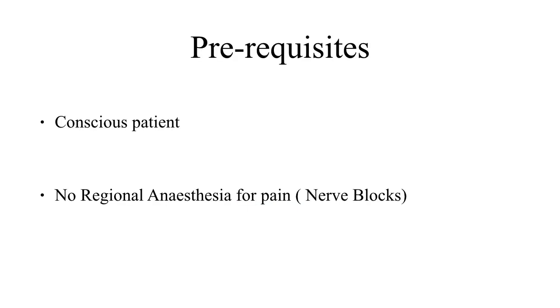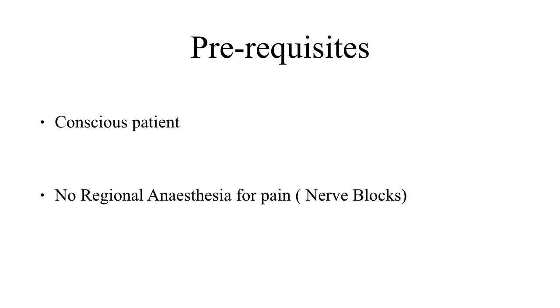The prerequisites to understand and to identify the clinical features that I have mentioned earlier is you need a conscious patient to say that he's having excruciating pain and to say that he's having stretch pain. And second, there should not be any regional anesthesia given for pain.